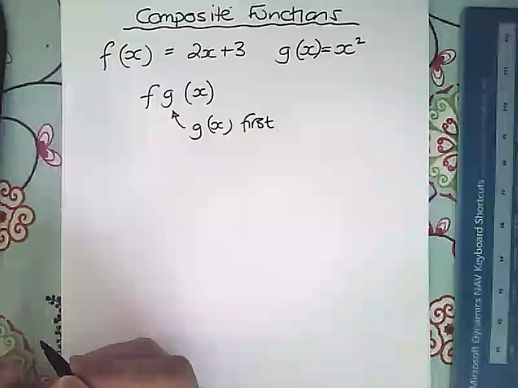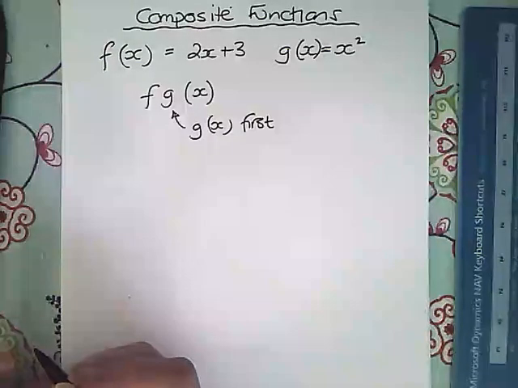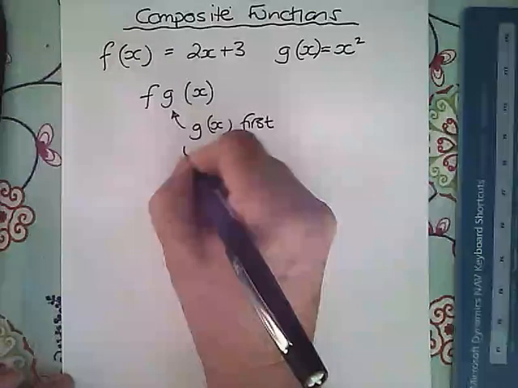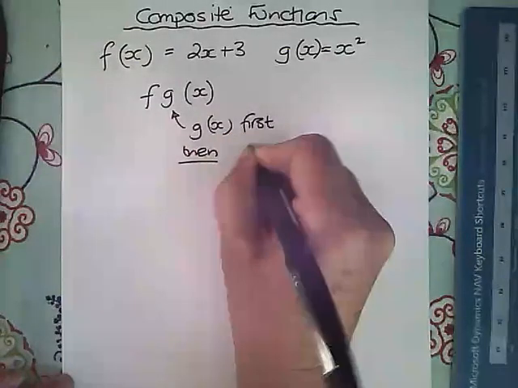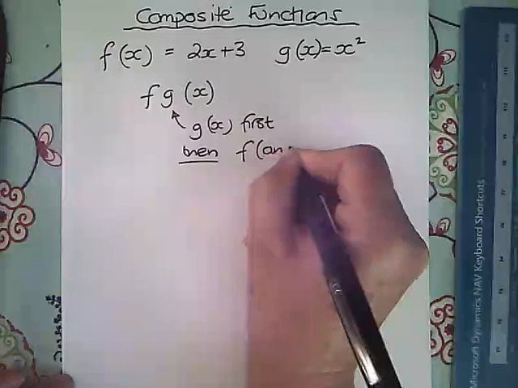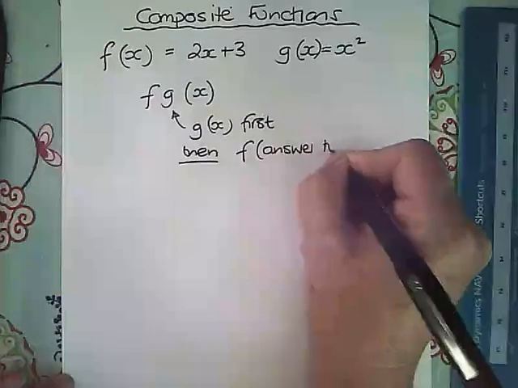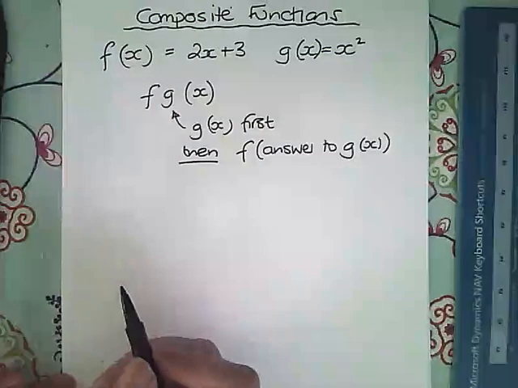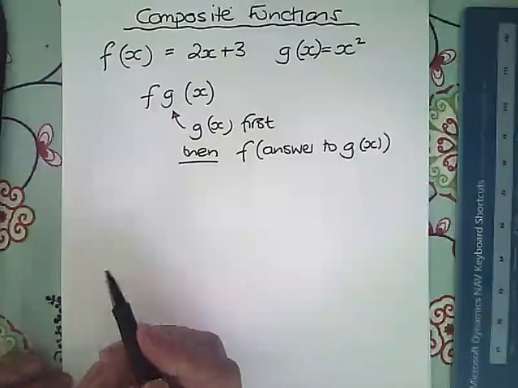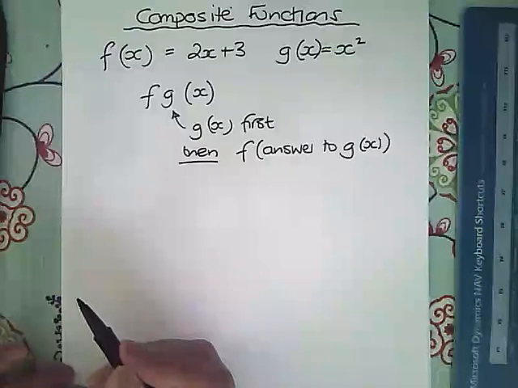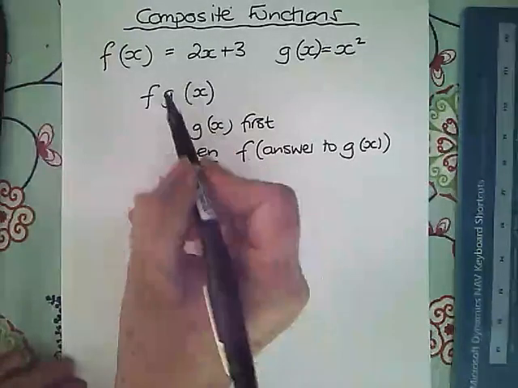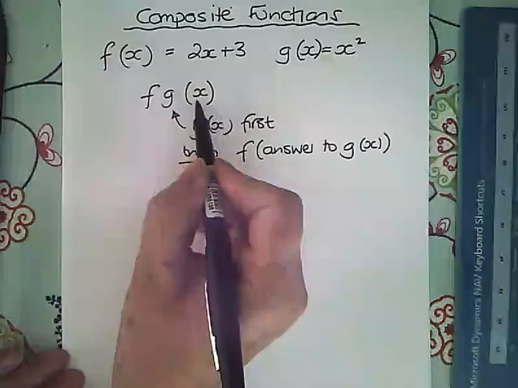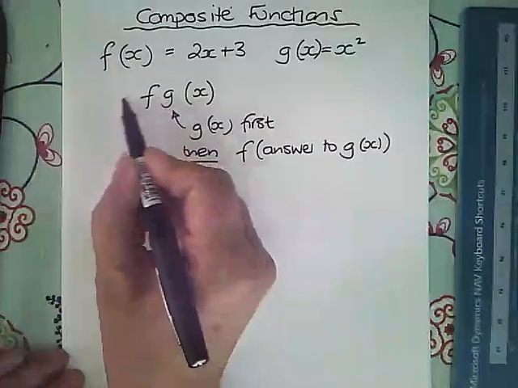Whatever the number is where the x is, you do that using the function g first, and then f of the answer to g of x. So you're recycling one answer through the second function, and you always work from closest to the brackets and you work outwards.